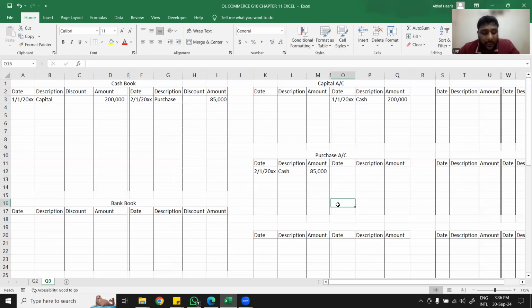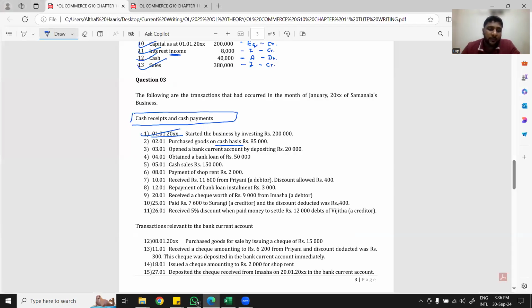Purchase account debit, cash account credit. So we are done with that one as well.